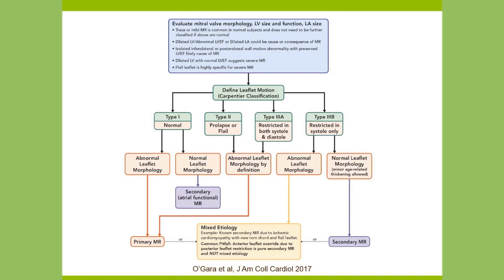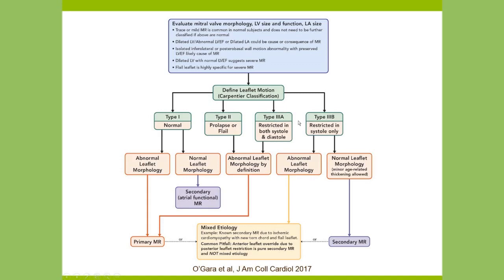Now, in that same paper, there's this table or algorithm, and it seems complicated, but it's really not. Basically, you want to define leaflet motion using the Carpentier class, and we'll get into that. Type 1 is normal, type 2 is prolapse or flail, type 3, the leaflets are restricted in both systole and diastole, and type 3B, restricted in systole only.